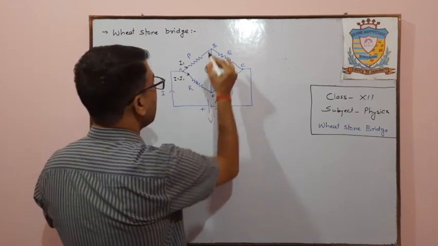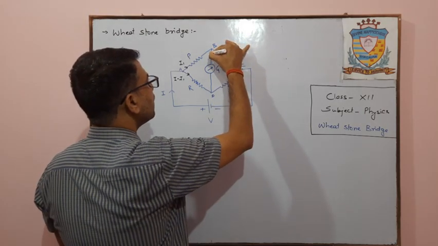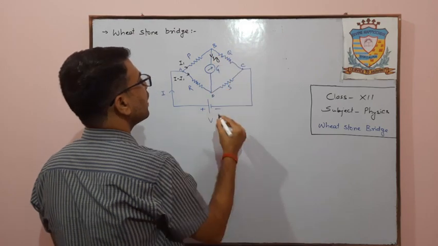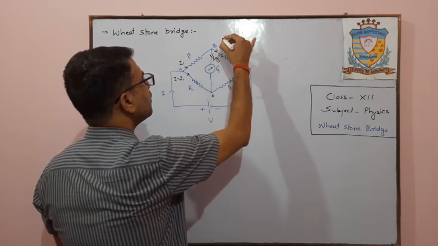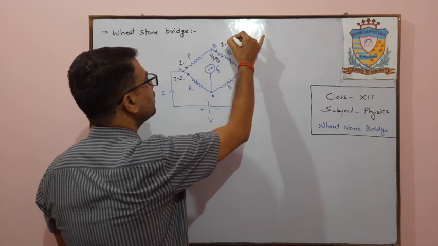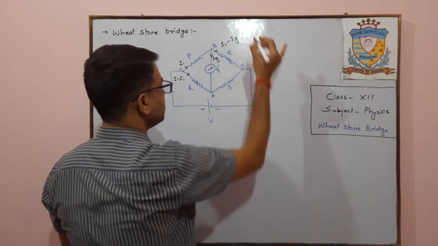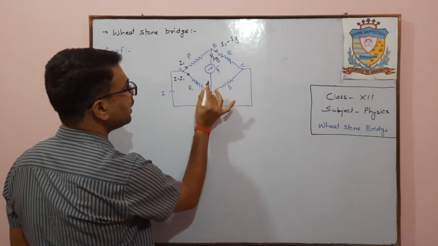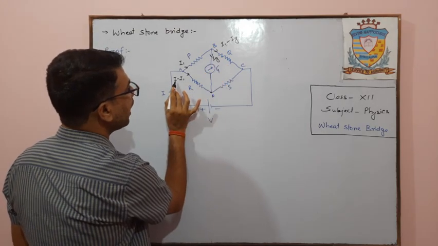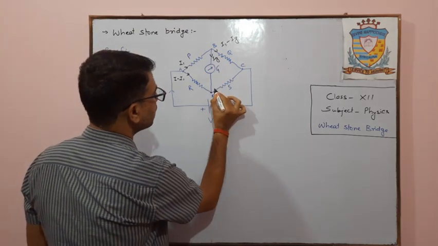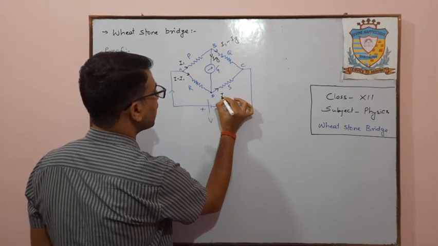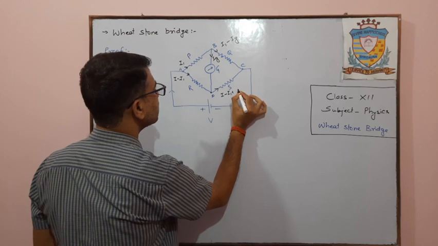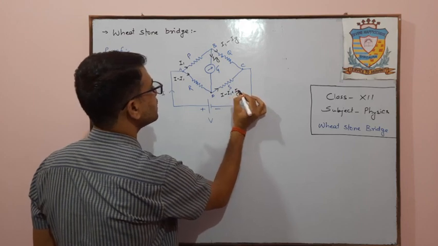Now at this point, this current is Ig, so this will become I1 minus Ig. At point D, the incoming currents are Ig and I minus I1, so this will become I minus I1 plus Ig.